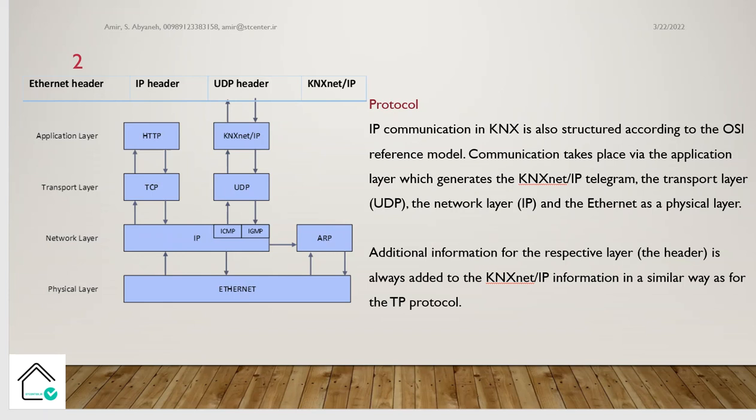Remember that here we have 5 layers, but in OSI, in TCP/IP, we have 7. Additional information for the respective layer, the header, is always added to the KNX net IP information in a similar way as for the TP protocol.